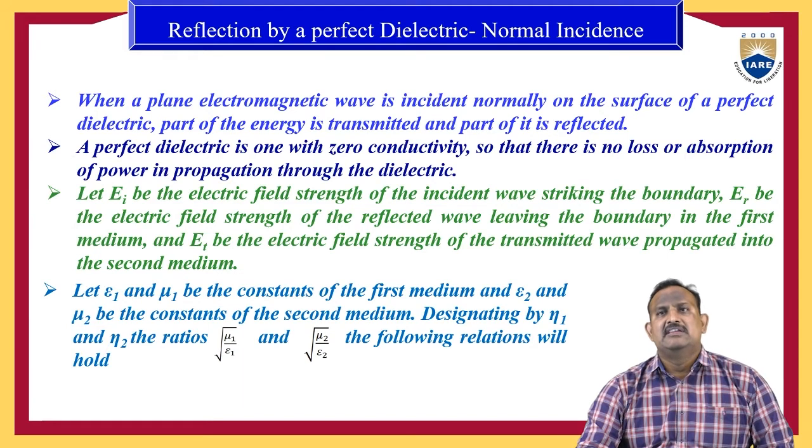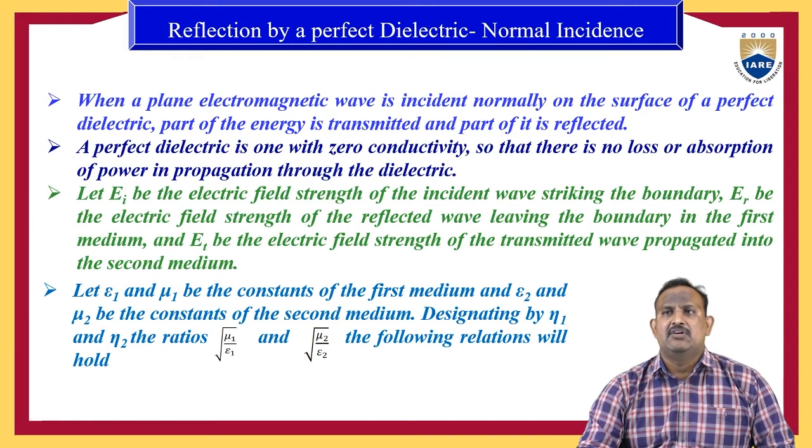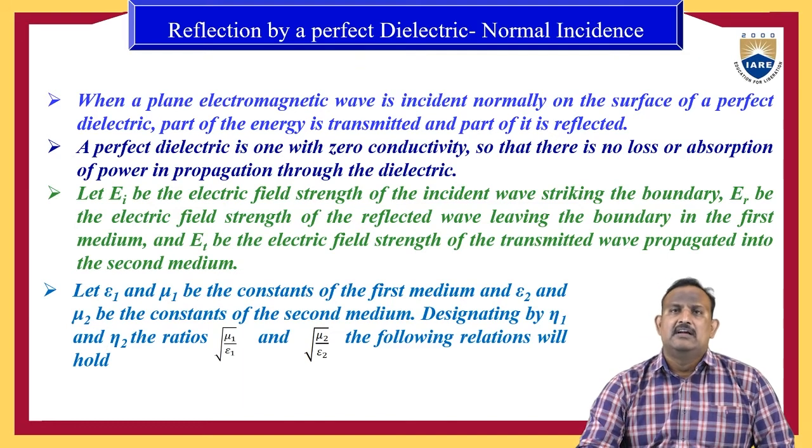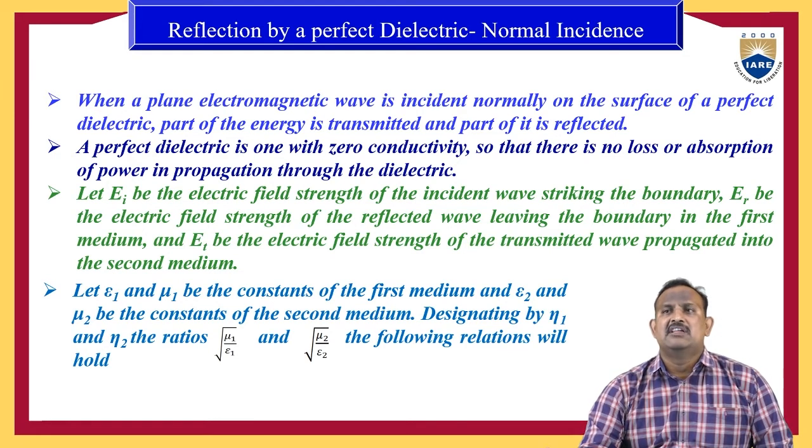Let EI be the electric field strength of the incident wave striking the boundary, and ER be the electric field strength of the reflected wave leaving the boundary in the first medium. In the second medium, ET is the electric field strength of the transmitted wave propagated into the second medium.